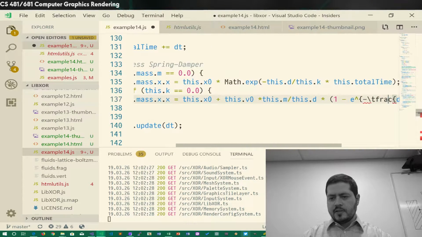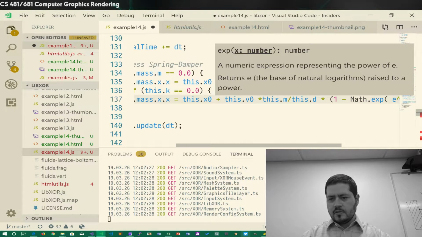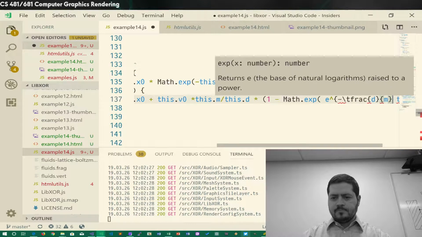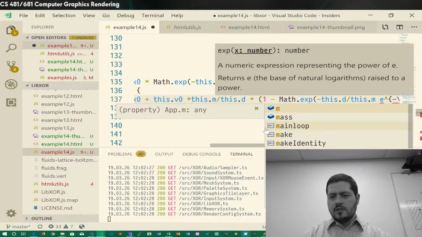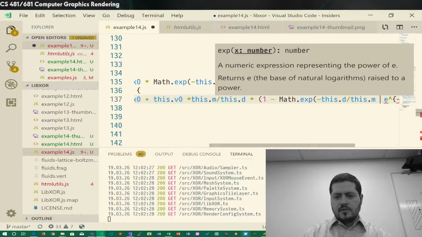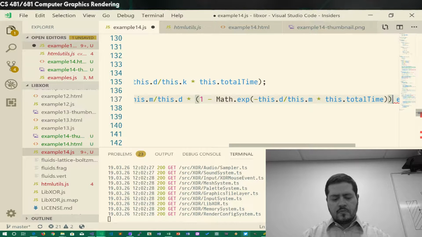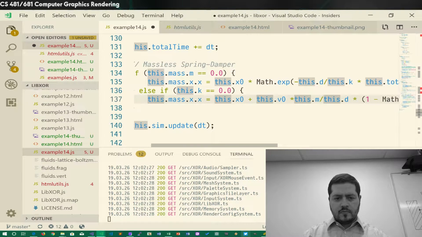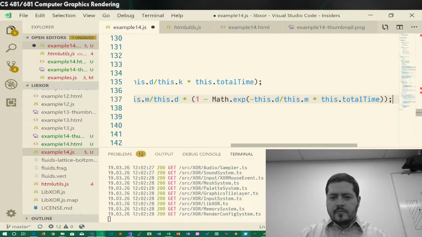times 1 minus math dot exponent of minus this dot d over this dot m. Go back here, times total time. What's that? The original definition.